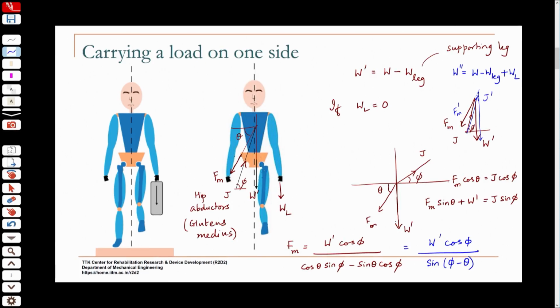Let me just write. M dash will be W double dash cos phi dash by sine of theta dash minus phi dash minus theta.